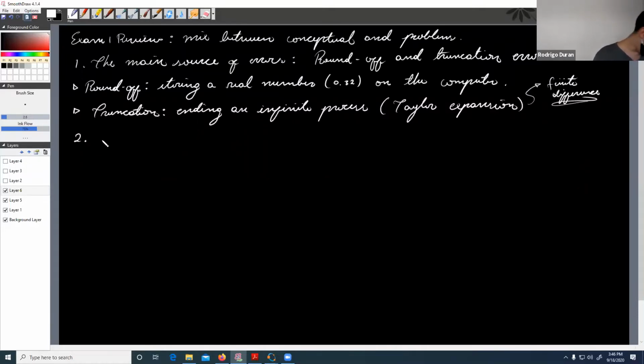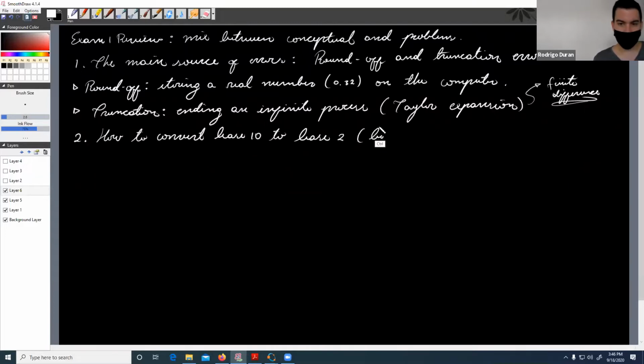But anyway, the next thing that you want to know is how to convert base 10 to base 2. What this means is how to go from decimal to binary.